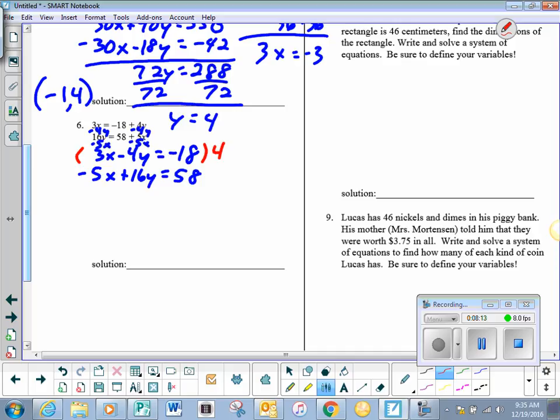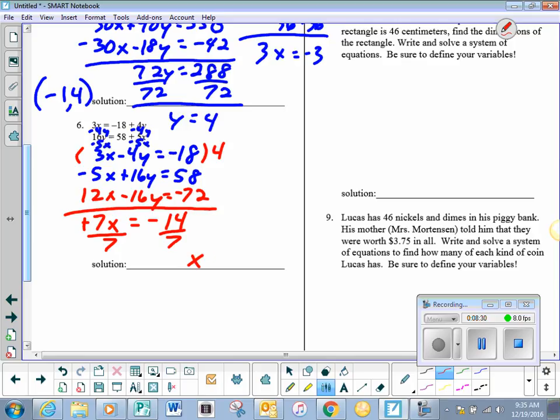Multiply by 4. 12x minus 16y equals negative 72. Positive 7x equals negative 14. Divide both sides by 7, and x equals negative 2. So negative 2 is part of our solution.